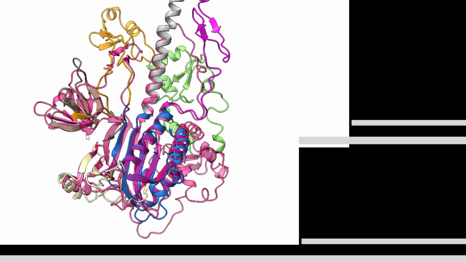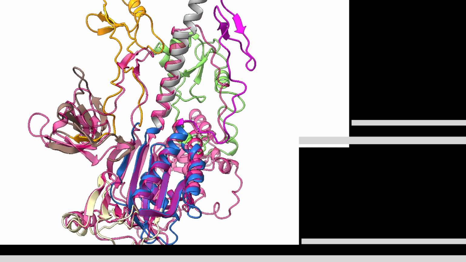You can also see how the TI domain is highly conserved. This TI domain is important because that's what the whole ISCB system uses to attach itself to the unique PAM domain, which I was talking about, the NGG.